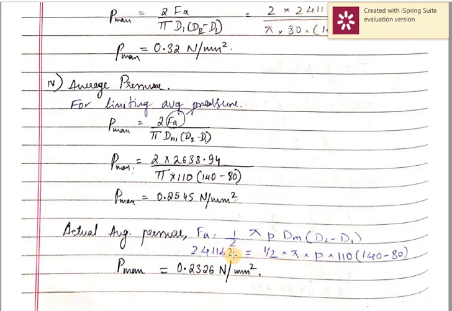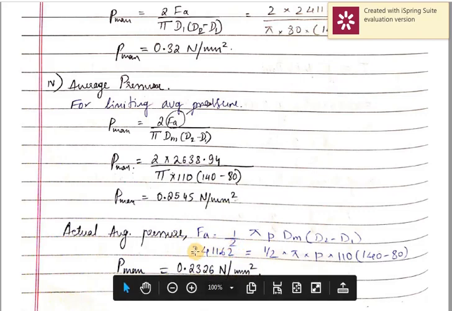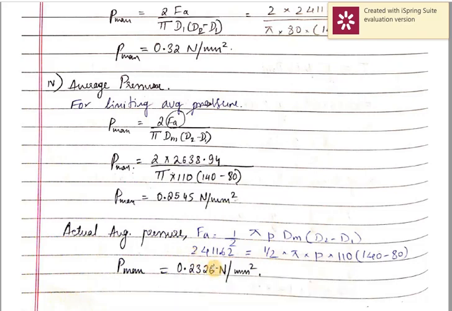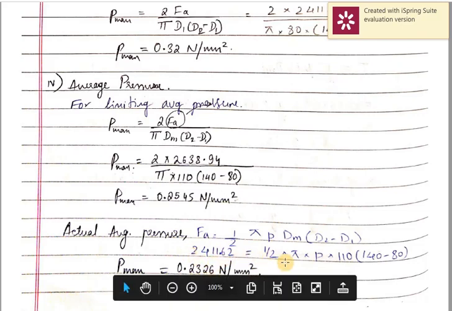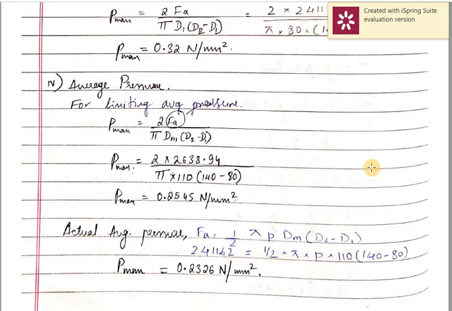It is not the axial force what we have identified initially. It is from bit number 2, axial force required Fa as 2411.62, and substituting remaining parameters we can find actual average pressure as P mean as 0.2326 Newton per mm square. So this is the solution for the second problem.